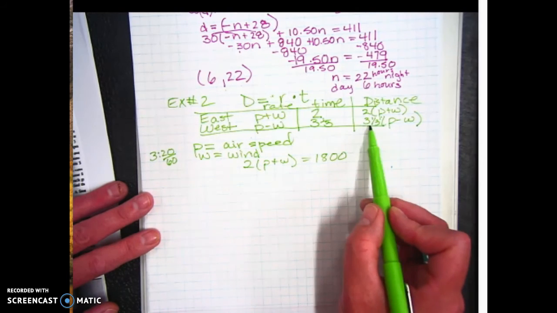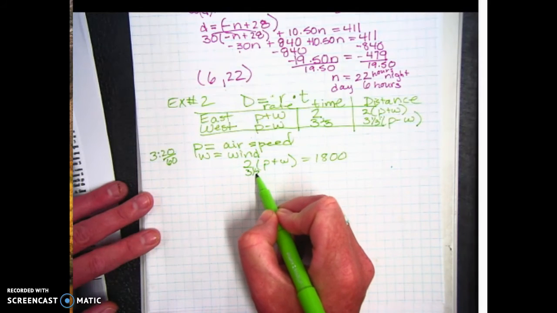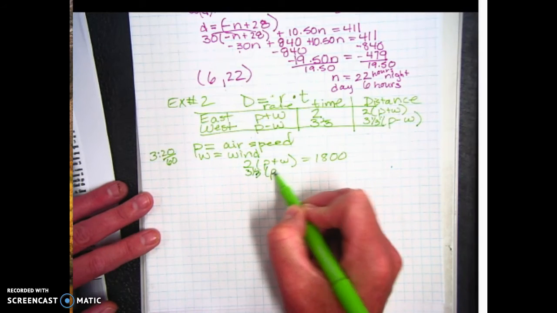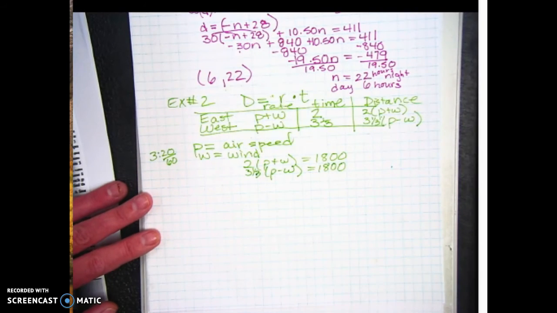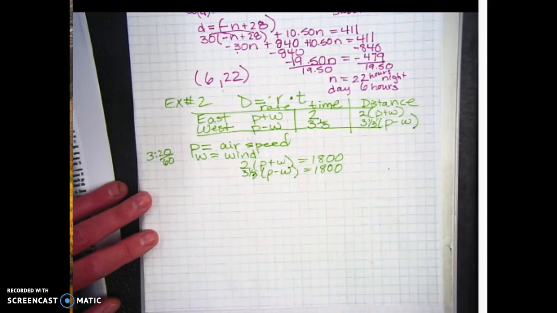And the second equation is going to be 3 1/3 times P minus W also equals 1,800. They both go the same distance.